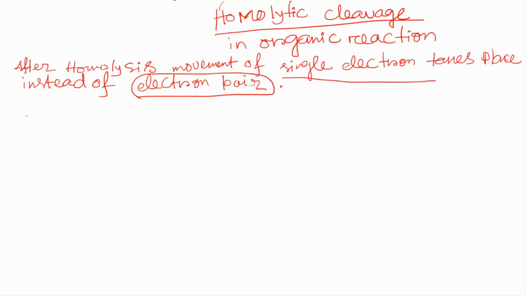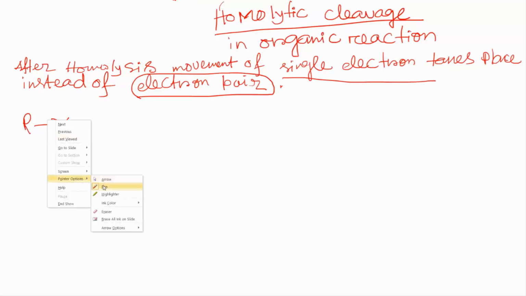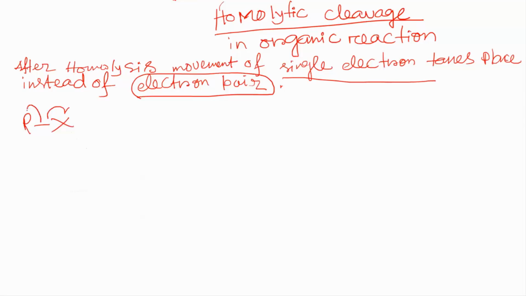Let's say if we consider an example, let's say RX. Now if this RX undergoes homolytic cleavage, it will go by this half arrow. One electron will go to the X and another electron will go to the R. Now it will generate R dot plus X dot.